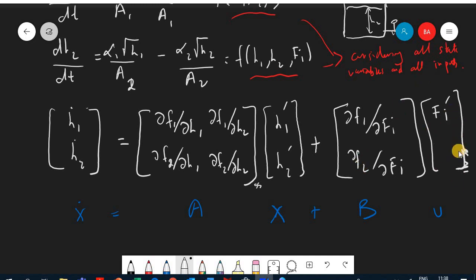And in this case, I only have fi prime, right? So my matrix is only fi prime, so I have nothing else. So in this case, you can see that it's only one.